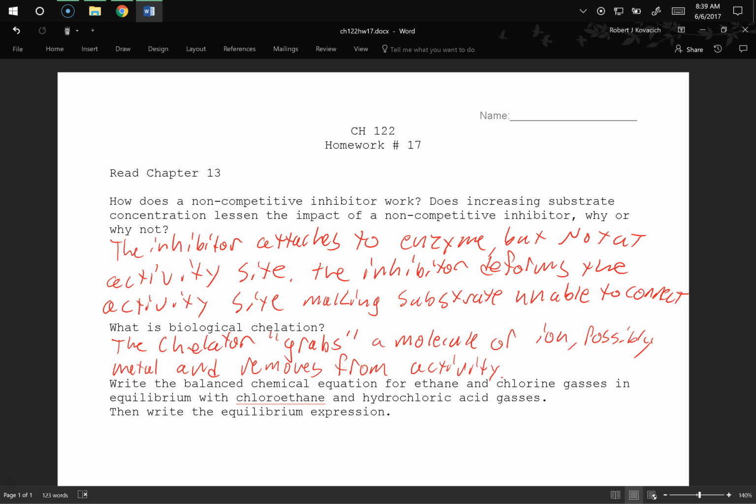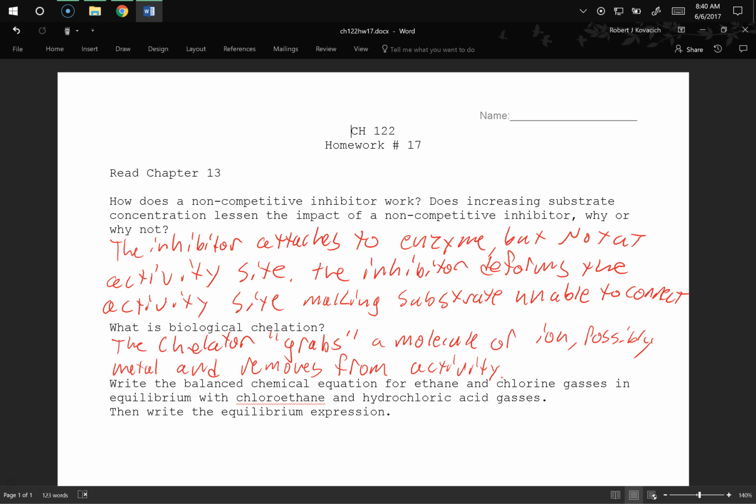The chelator grabs whatever it is that it's intended to grab, like a molecule or an ion, probably a metal ion, and now it's no longer able to be that non-competitive inhibitor. So if somebody has arsenic poisoning, you can give an arsenic chelator, and the arsenic chelator grabs the arsenic, pulls it off that enzyme, and then the active site goes back to normal, and the enzyme functions as it's supposed to.